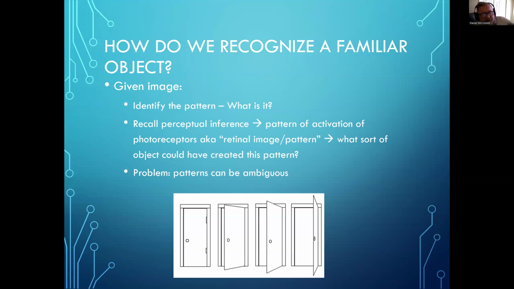In a way, these kinds of theories are inherently what we're going to call top-down theories, because they require that past experience. And in the absence of past experience, these theories cannot explain how perception works at all.